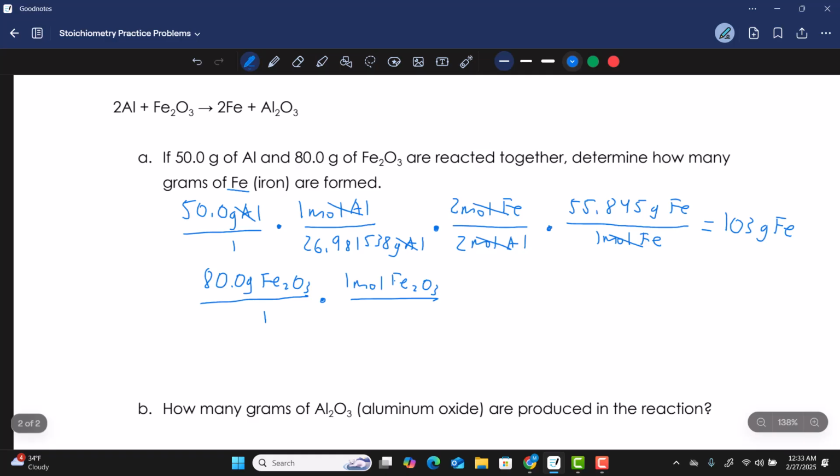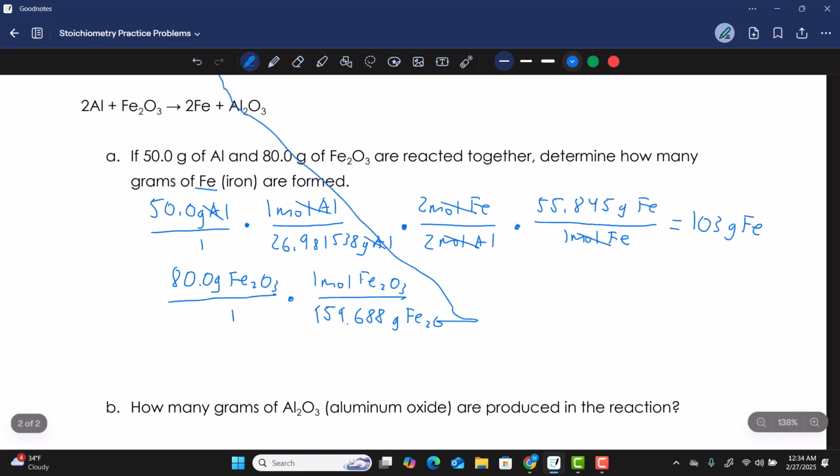And that gives us 159.688 grams of Fe2O3. So that grams of Fe2O3 can cancel.